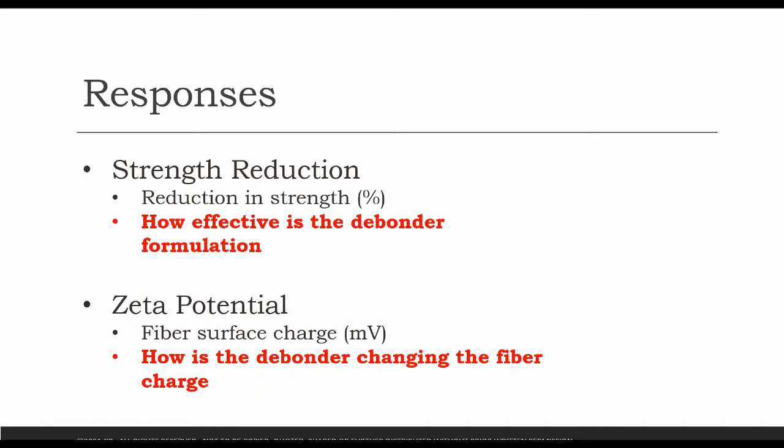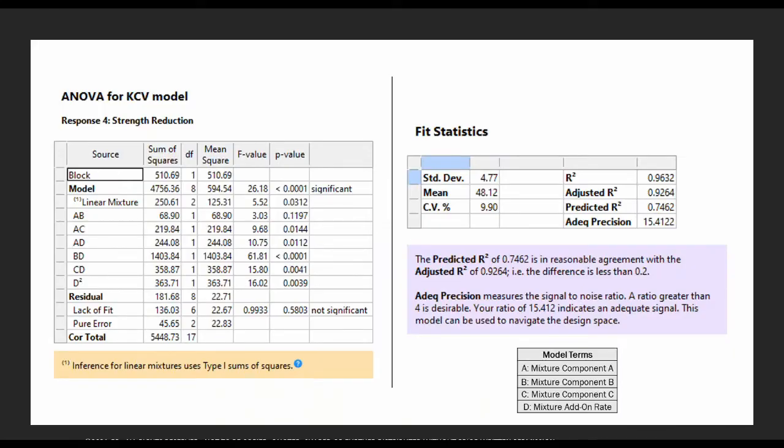Because if you add a positively charged chemistry and it's just staying in the water and doesn't go to the fiber, the charge is not going to change. So we want to study how the debonder that we're adding is changing the fiber charge, and we can quantify this and potentially model it. So those are the two responses that we are going to be taking a look at.